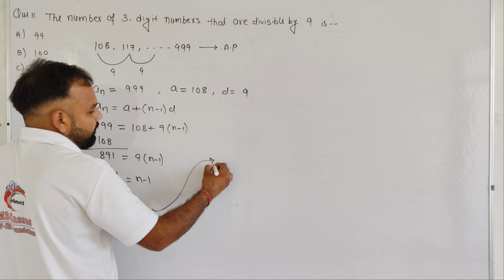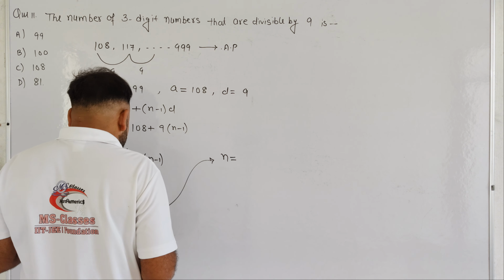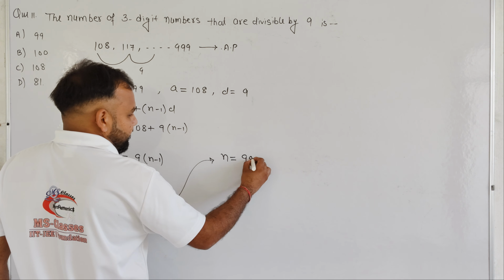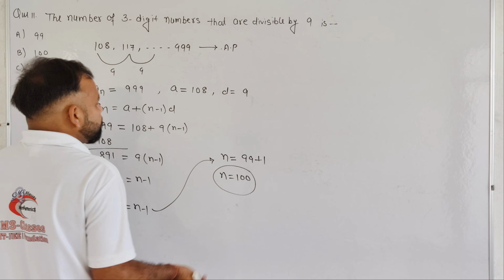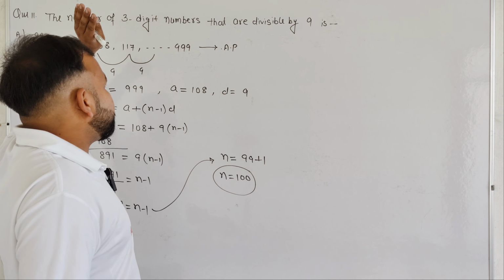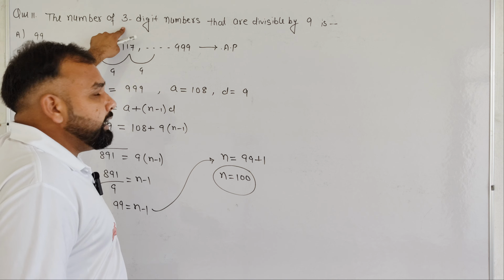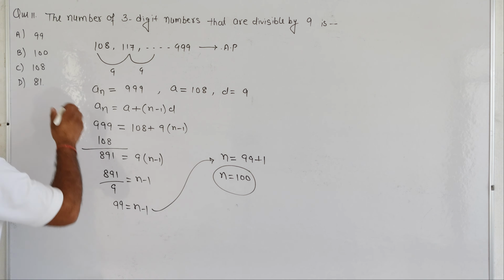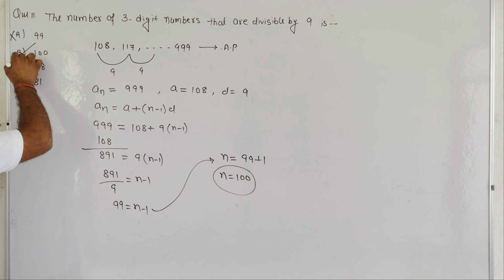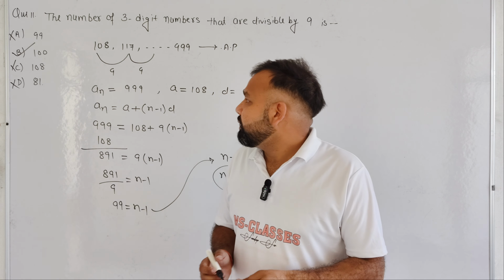So students, to find the value of n, take 1 to the left hand side and we get 99 plus 1, so exactly n is 100. So we can say that there are 100 numbers which are 3-digit numbers and divisible by 9. So option B is correct, remaining options are incorrect. I think you understood, students.